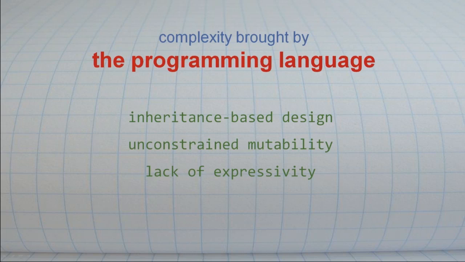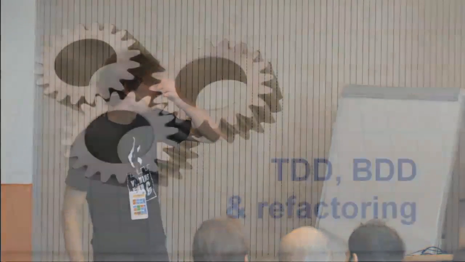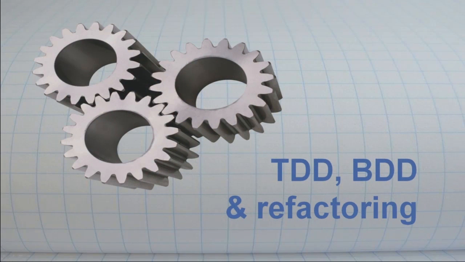Now, how do we make things simple? This is a great tool: TDD, BDD, and refactoring. It's a tool to achieve simplicity among other things. Because when you're doing TDD, you're separating the role of a tester and the role of a developer. A tester becomes the designer, essentially.